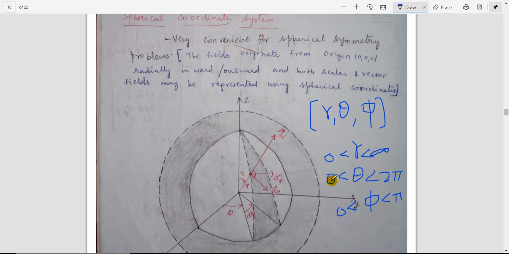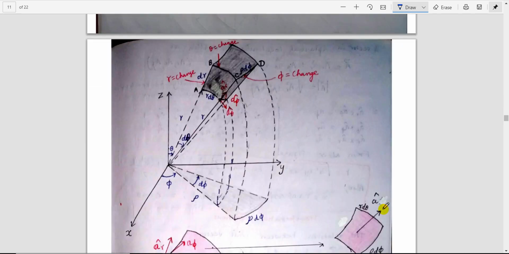It is not in the three-dimensional manner. So it is only in a planar manner, and the azimuth angle is represented within 0 to pi.